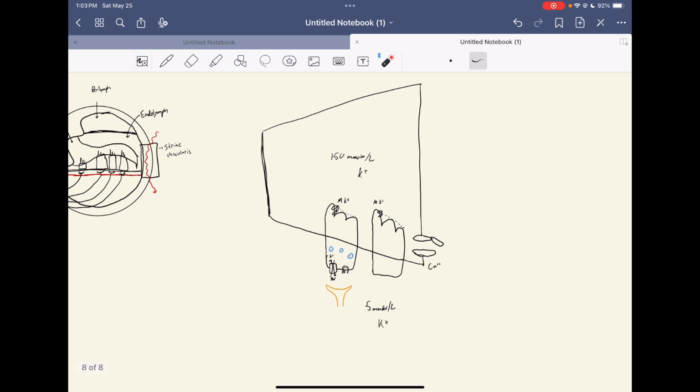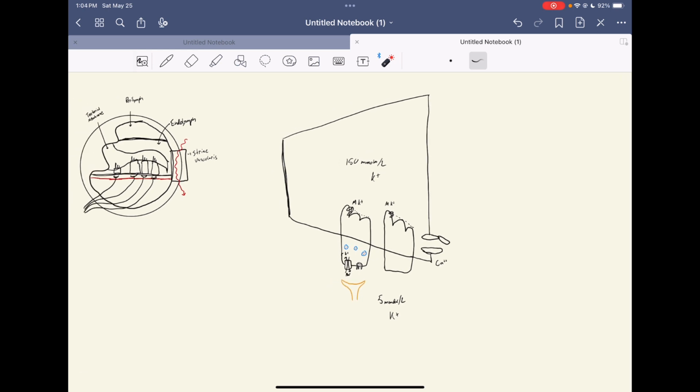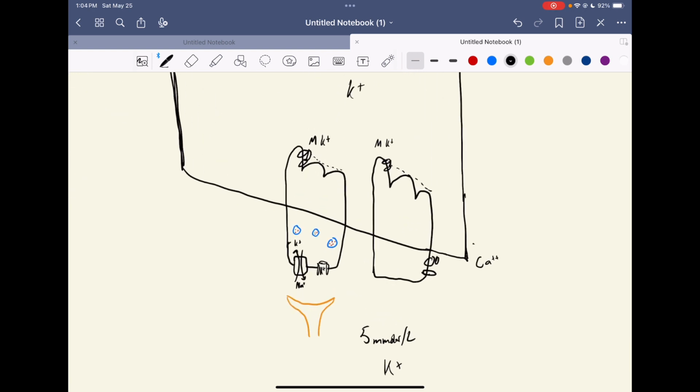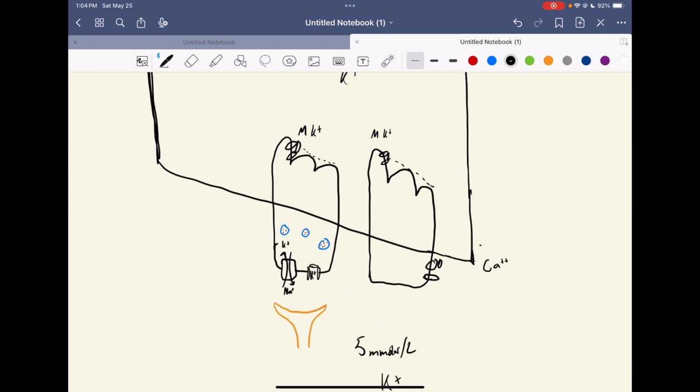The way this works is when vibration hits it, I also realized I drew this wrong. That calcium channel goes here. When vibration hits it, this mechanically gated channel will swing open, and therefore the channel here that's attached swings open, and the channel here that's attached swings open.